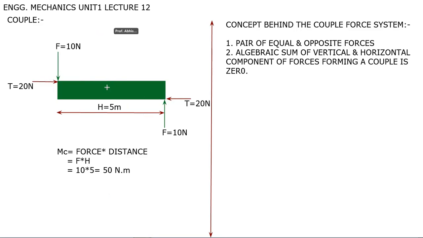If this distance D is equal to 2 meter, then you get 20 multiplied by 2, that is 40 Newton meter, which will be the couple by this force T.